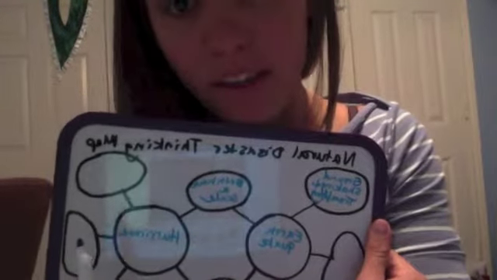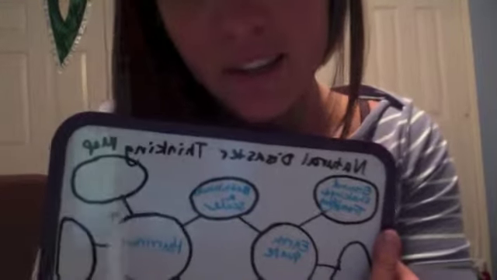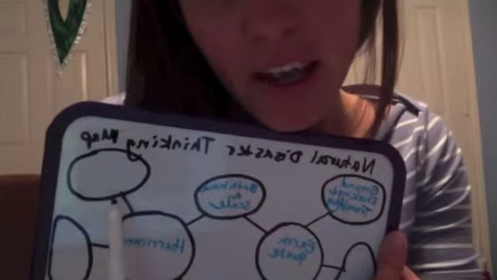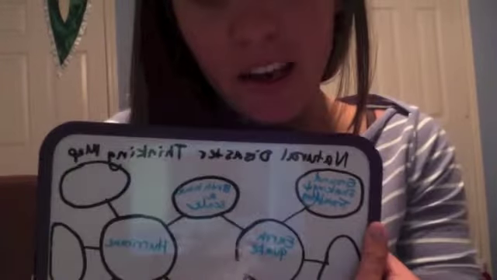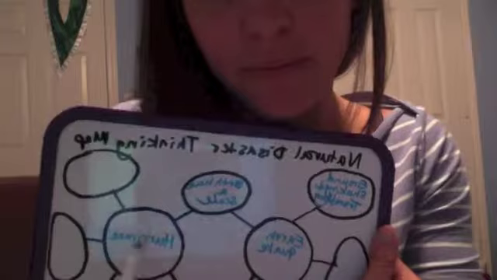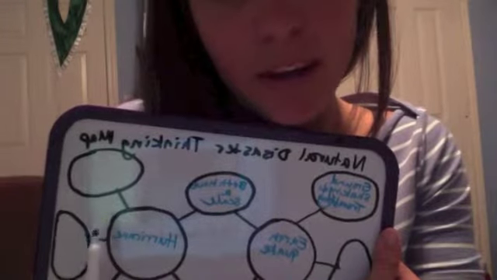So what about a hurricane? What is the unique identifying trait of a hurricane that an earthquake doesn't have? What about high winds and heavy rain? So we'll put high winds and heavy rain here.